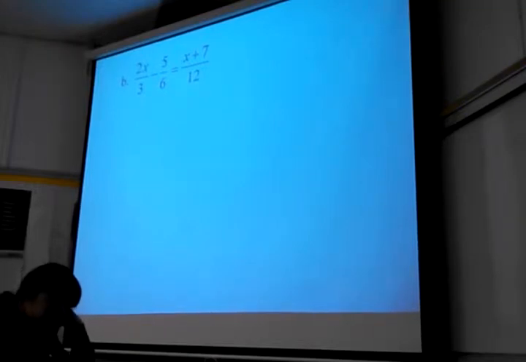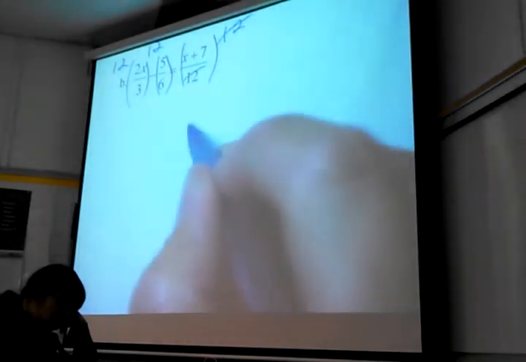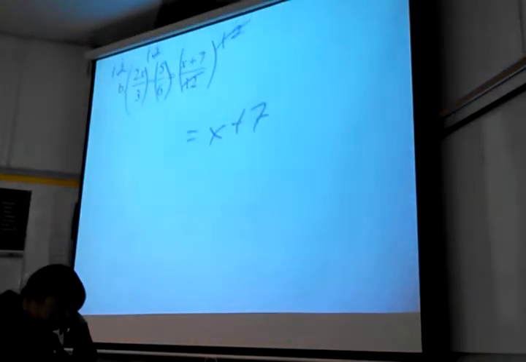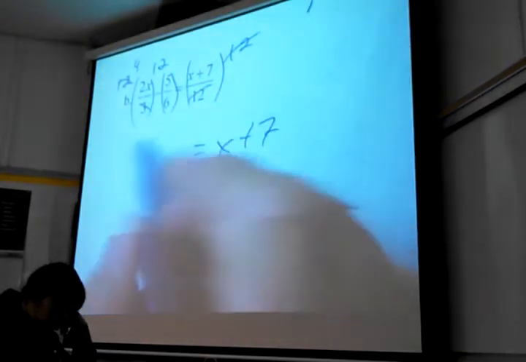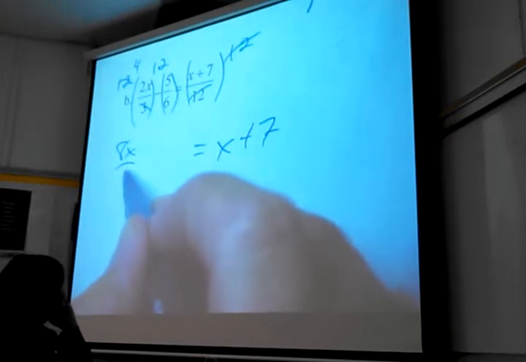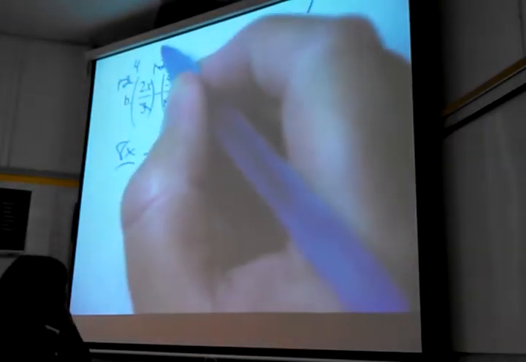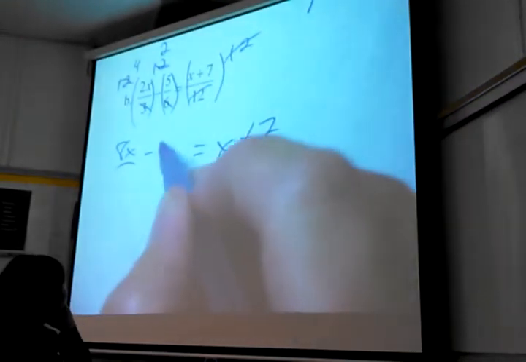So there are other ways to do this without killing your fractions, and if you want to, that's great. But actually, there's no need. If you multiply by the LCD, it cancels here. What happens here? 3 goes into 12, 4. 4 times 2x is 8x. And then here, 6 goes into 12 twice. 2 times 5 is 10.